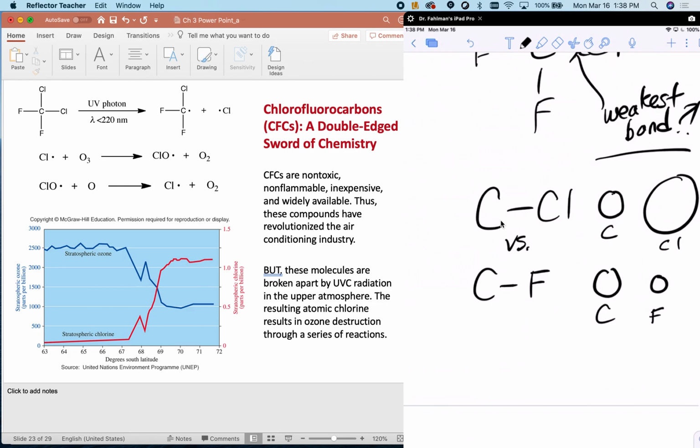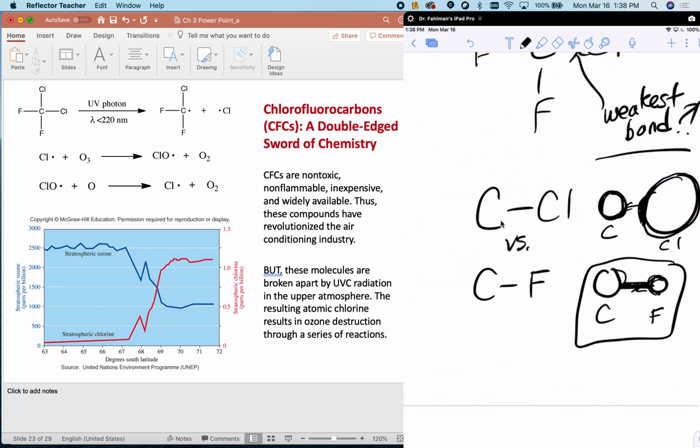If you have two small atoms that approach one another, they can come together more closely and have a much stronger bond, versus something really large trying to overlap with something small. The only thing really overlapping is just this edge here.